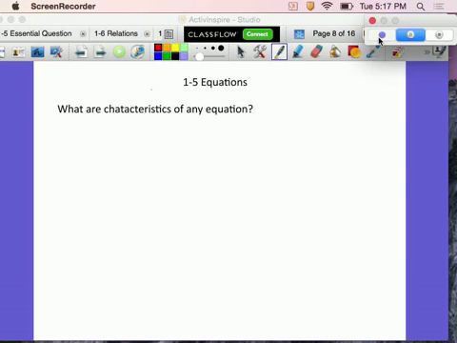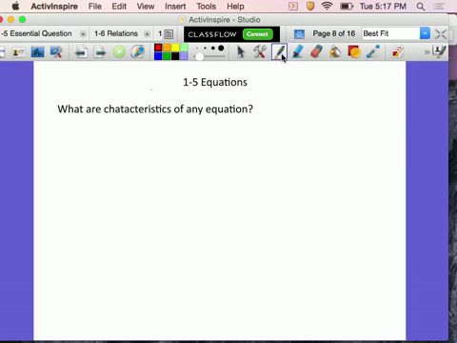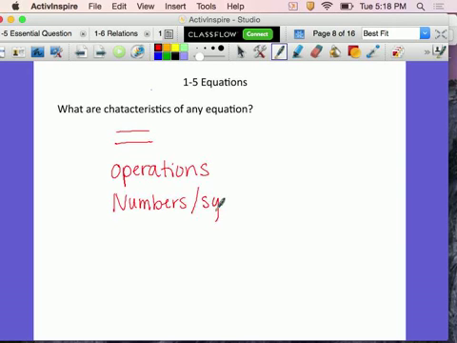So there are 4 basic things in an equation. An equation must have an equal sign, and usually some operations. They have numbers. They have symbols, if you want to say symbols instead of operations.